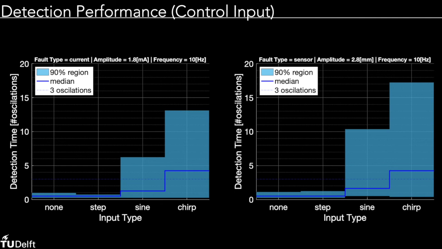We can see that with control input, detection becomes more challenging. And for the chirp signal, the median detection time even goes slightly above the 3-period requirement. The observation can be explained as with control input, the system uncertainty increases, and if the system uncertainty increases, the detection condition becomes less tight, causing a slower detection.